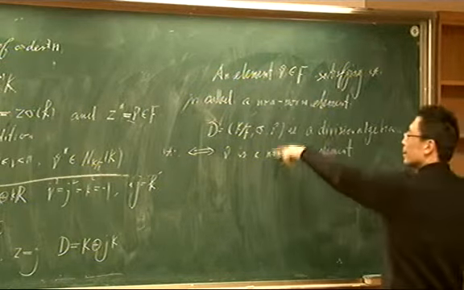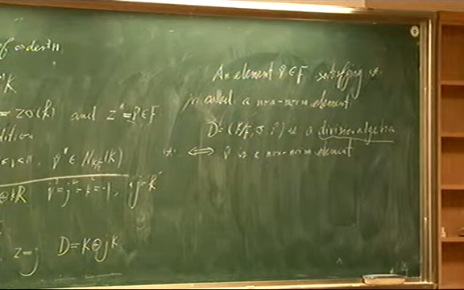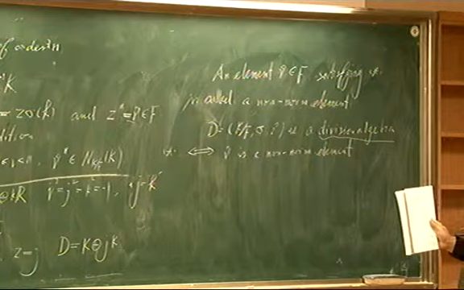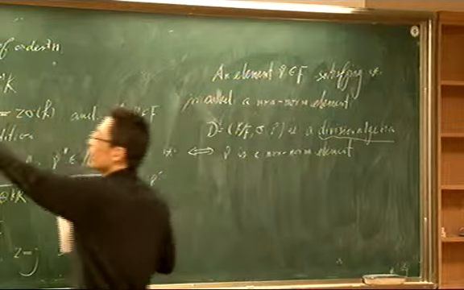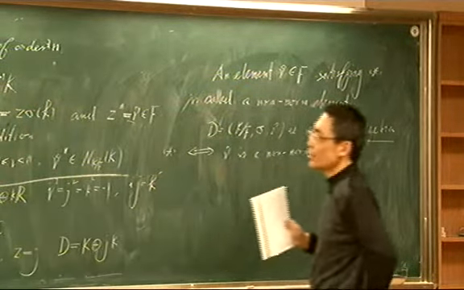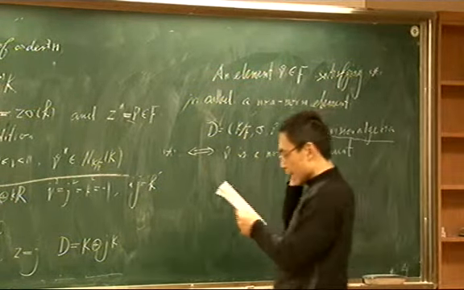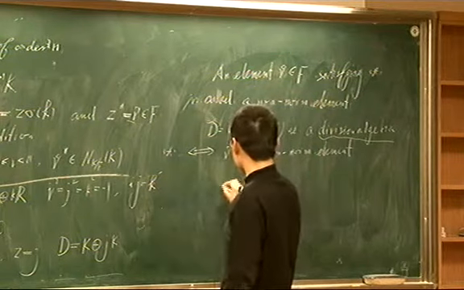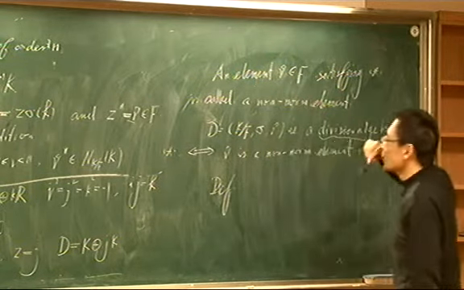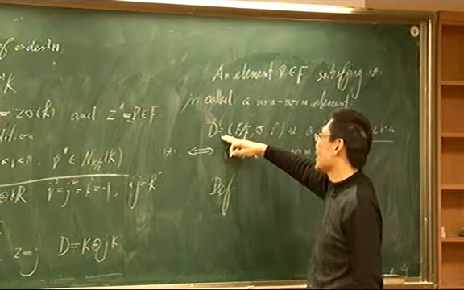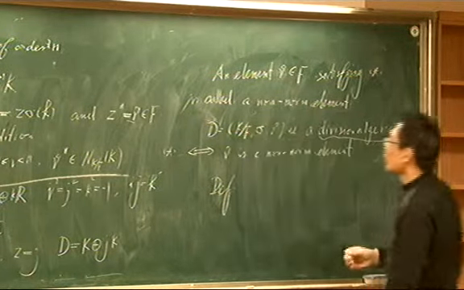This is interesting. We want to give the division algebra a matrix representation, since D is an algebra, so we give D the matrix representation.